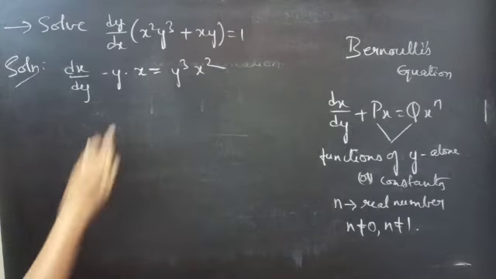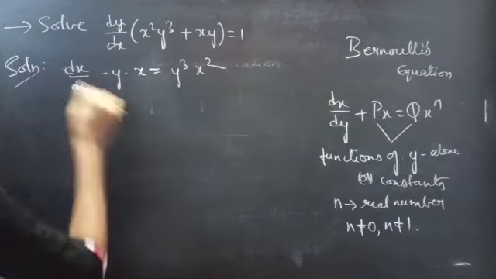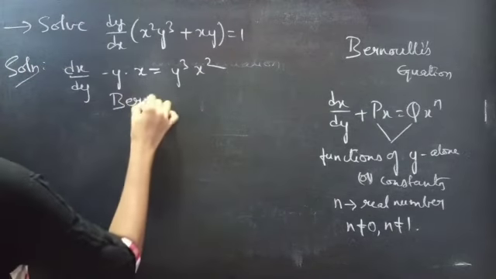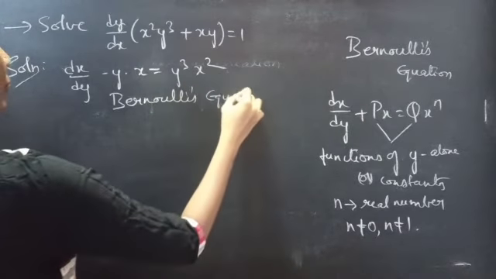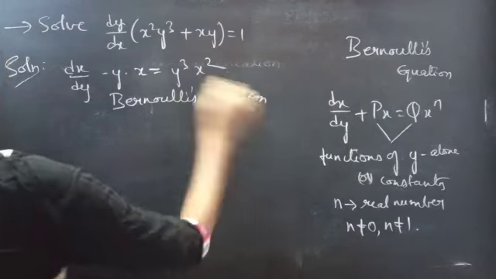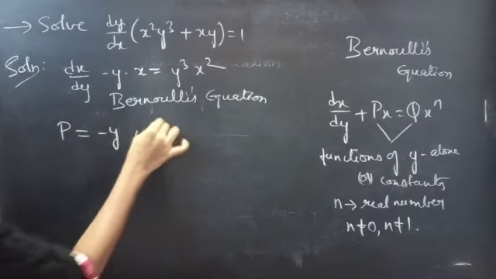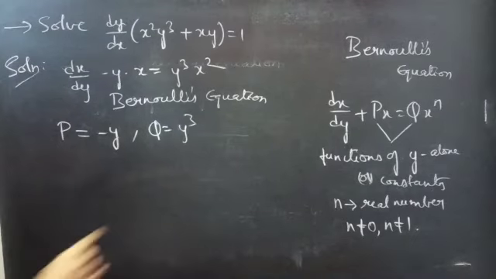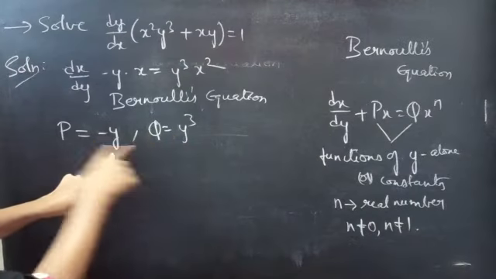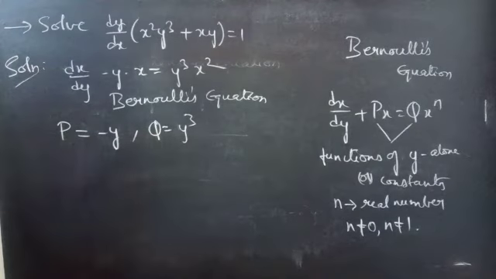Now, by comparing these two equations, we can say that this is a Bernoulli's equation in x and y, right? Also, by comparing these two equations, we'll get p and q, where p equals to minus y and q equals to y cube, which are functions of y alone. Since it does not involve any other variable other than y, we call p and q as functions of y alone.